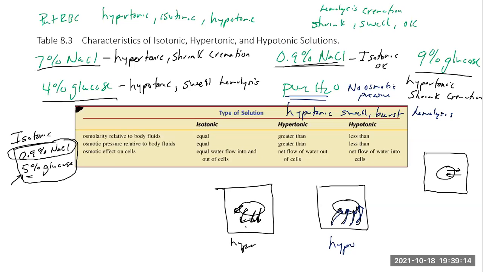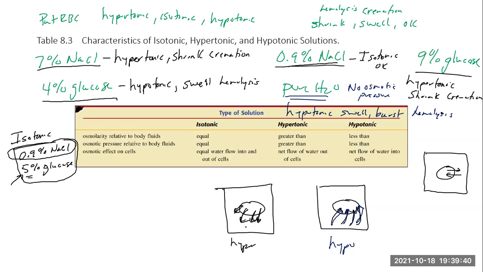Obviously, this table sort of describes everything we talked about. The osmolarity related to body fluids is equal in isotonic, greater than in hyper, and less than in hypo. And the effect on the cell, again, in an isotonic, we got water flowing in and out of the cell at an equal rate, so nothing bad happens to it.